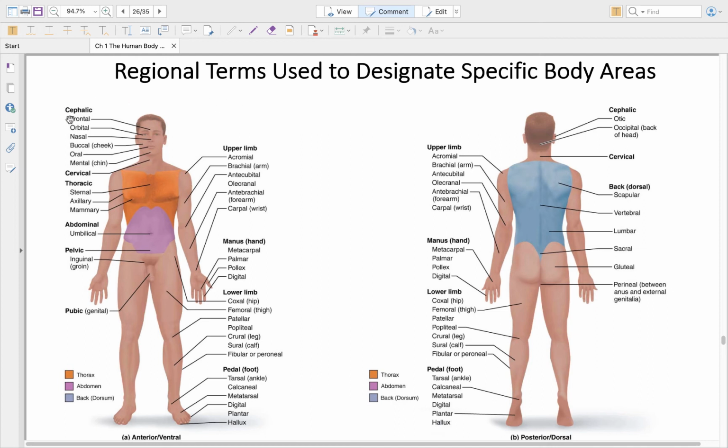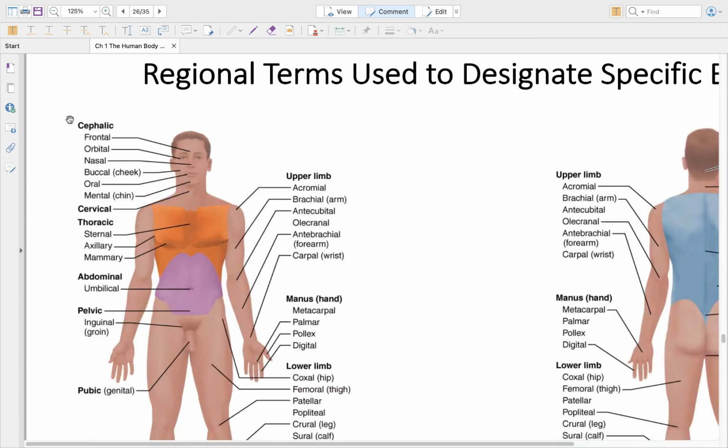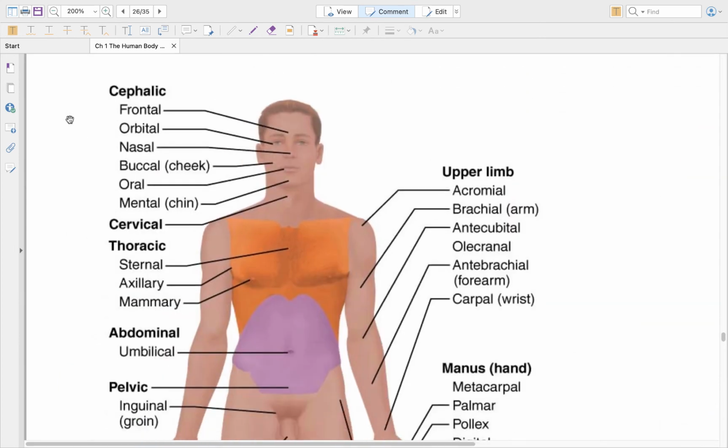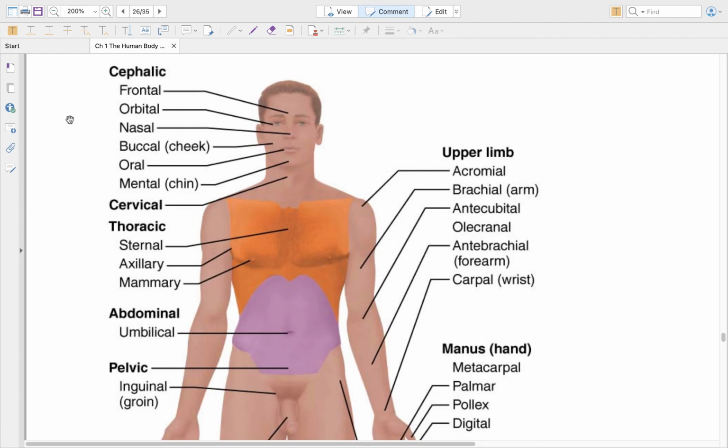Let's start with this guy over here. Let's start with the head, neck, and trunk. When we reference the entire head, this term is referred to as the cephalic. Forehead, frontal. Around the eye is going to be orbital.